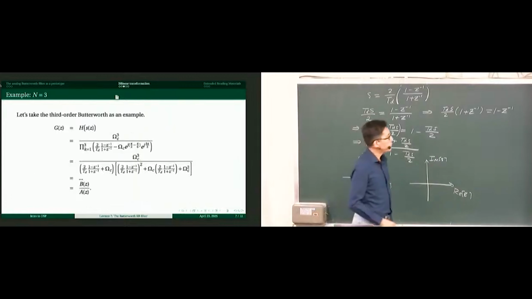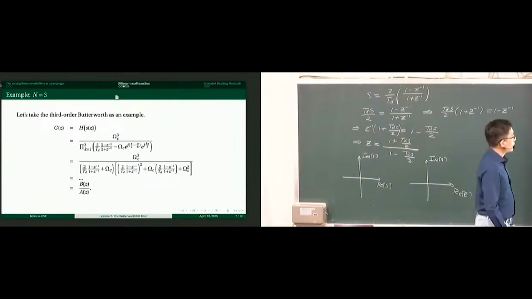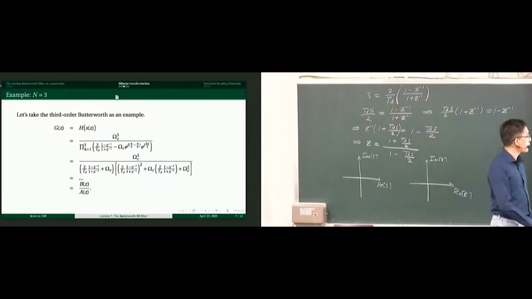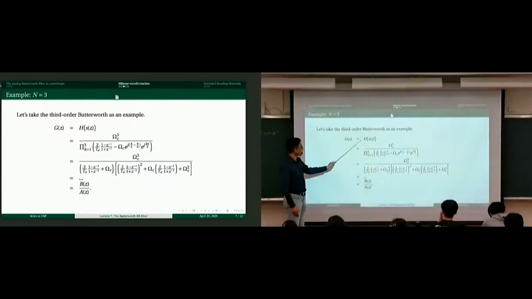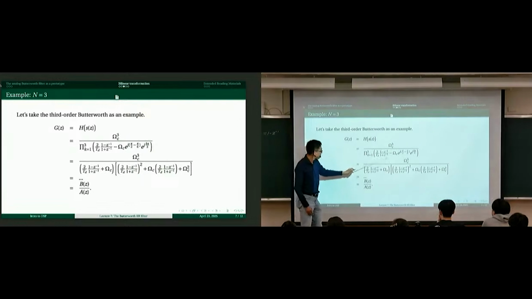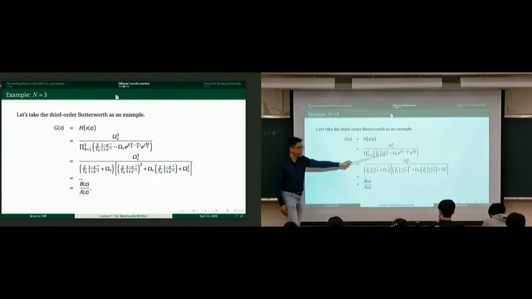Okay, so here, I want to go a few steps further using the third order Butterworth as an example. If we just really do this substitution, H of s is known, right? Whenever you see an s, here is where s appears. Here's one location where you see s. Replace it with s of z. That's the only place, right here in this formula.